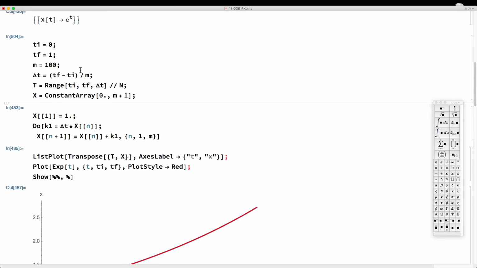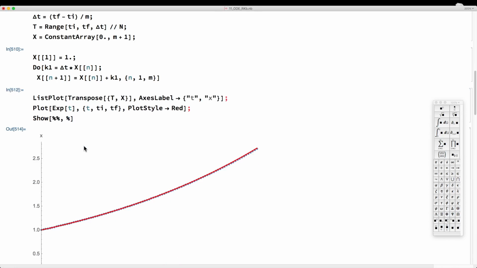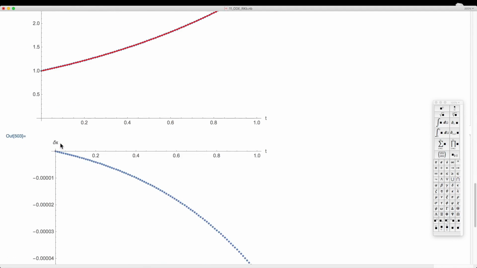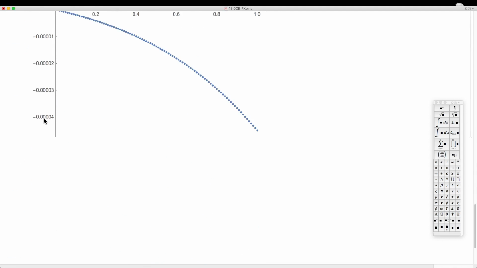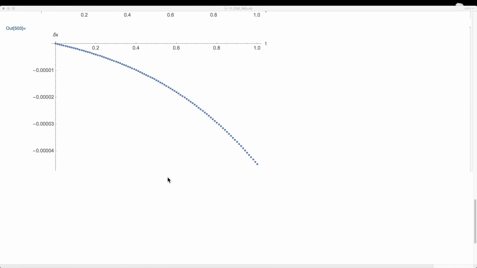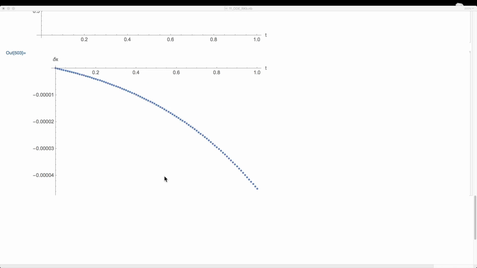And if we use 100 points, the error was quite large. It was 0.014, whereas now with the same number of points, the error is 0.00004. So this is what we would expect for a second order method. The Runge-Kutta method RK2 is second order accurate, which means the error is of order delta t squared.